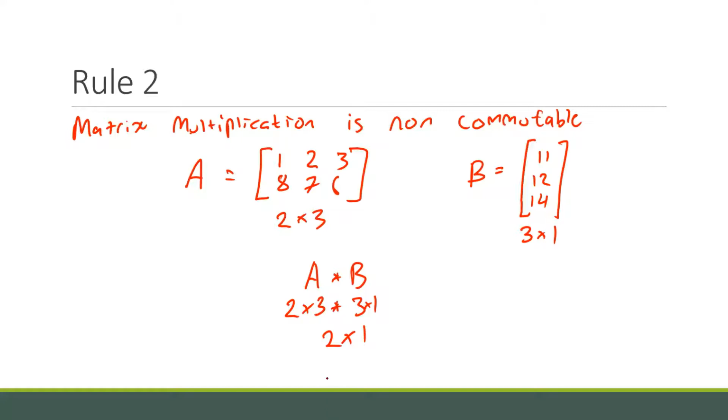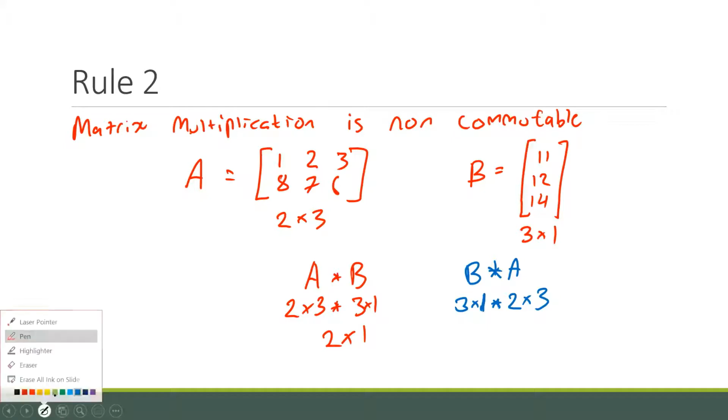But now, what if I was to do B times A? I would have a 3x1 matrix, and I'm going to multiply that by a 2x3 matrix. But now, notice this number in the middle is not the same.